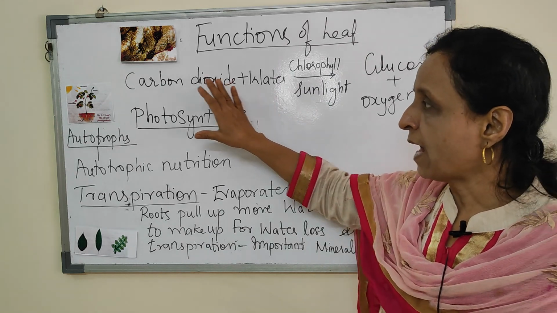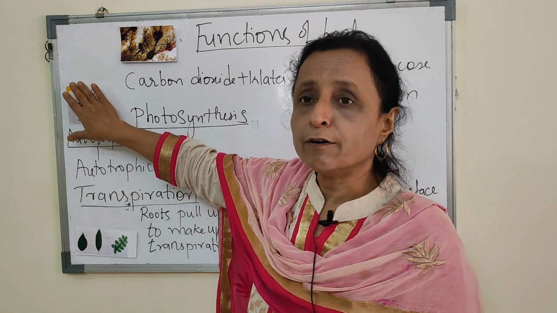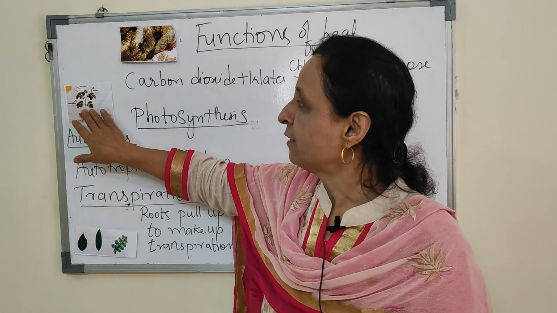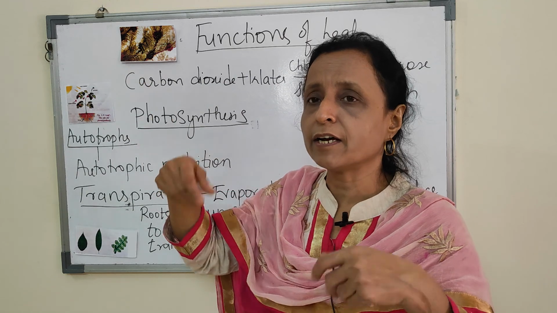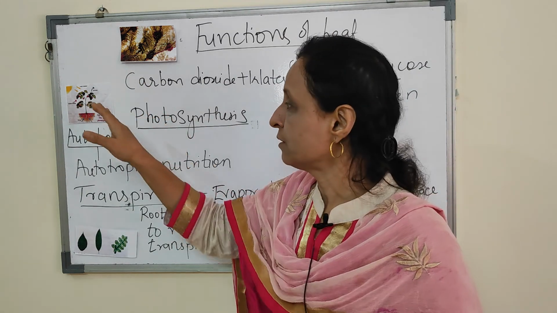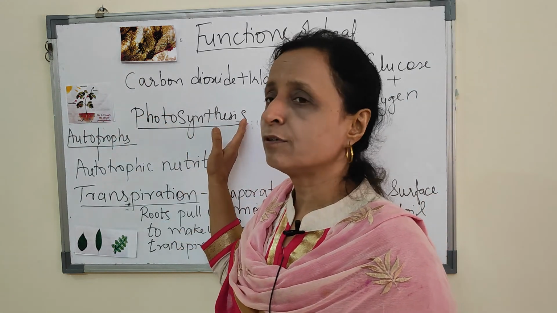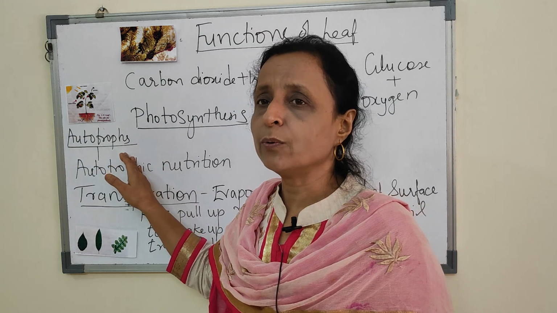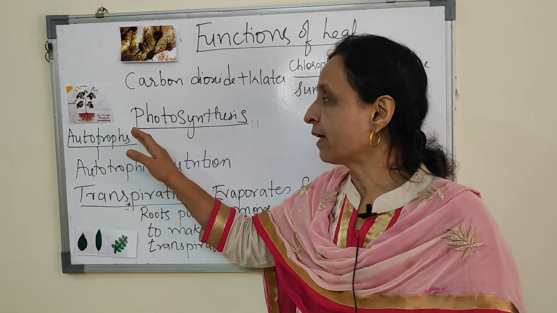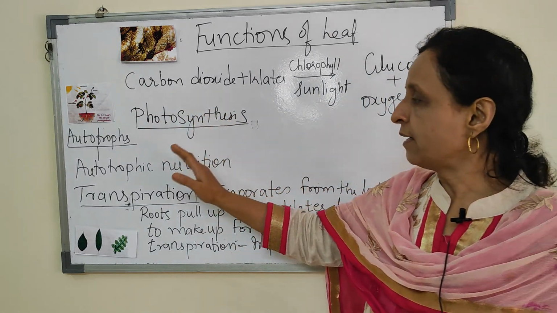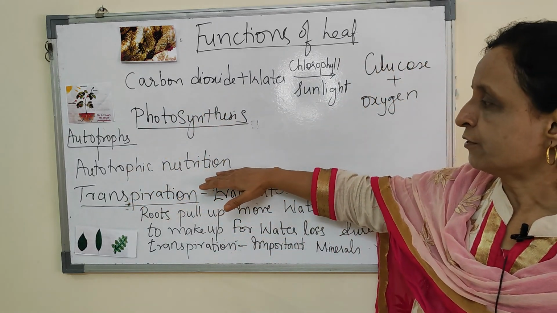Since plants can prepare food with the help of sunlight, taking carbon dioxide, water and giving out oxygen, the process is photosynthesis, and the plants are known as autotrophs. They are known as autotrophic plants. They take in autotrophic nutrition.